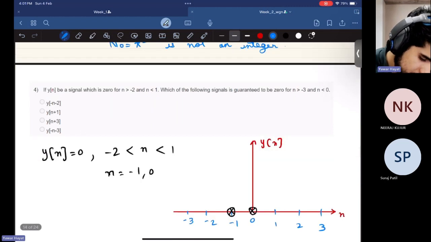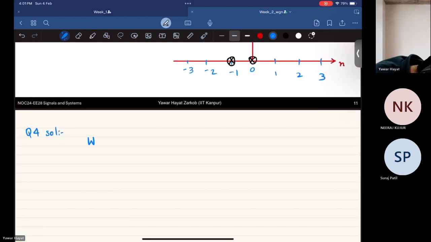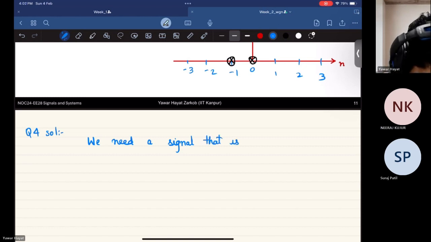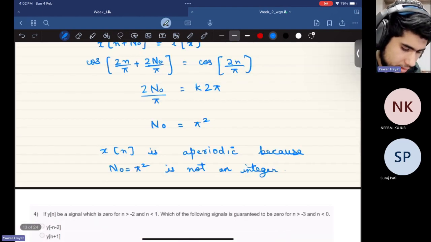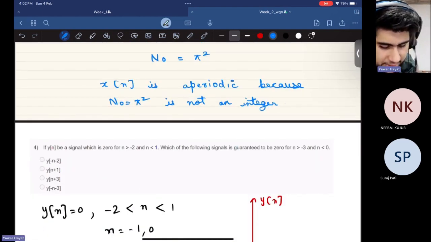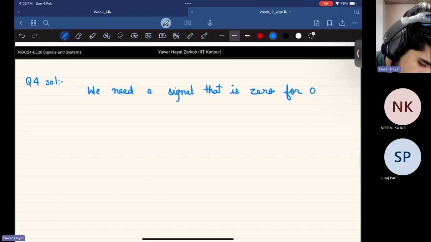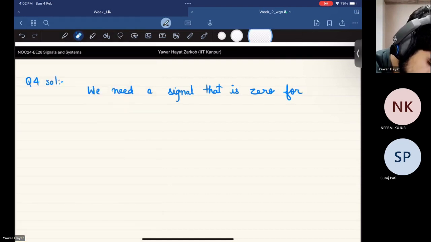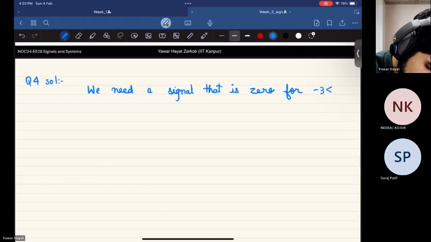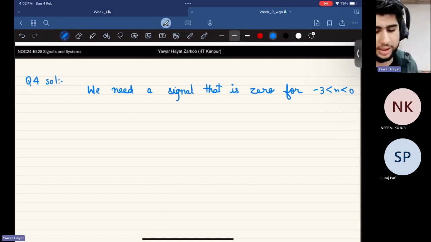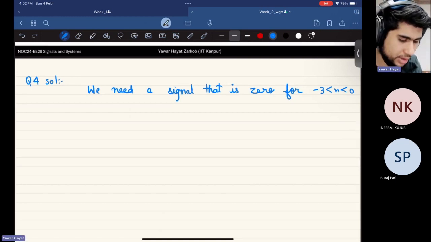We need a signal that is 0 for n greater than -3 and n less than 2. If I combine these two, this is the interval for which this x of n would be 0.